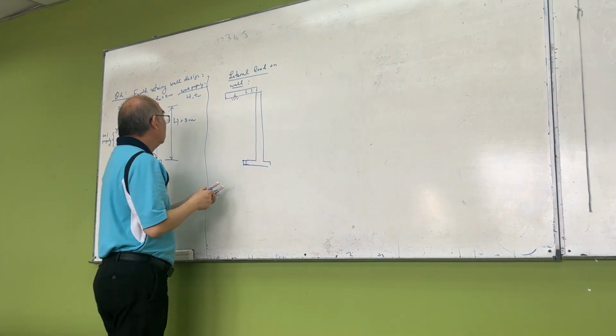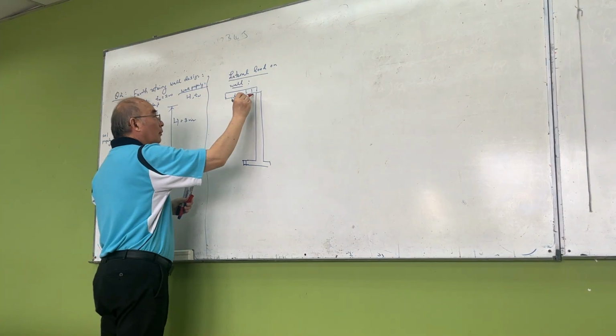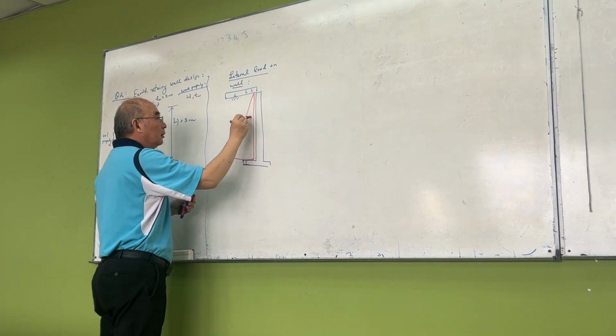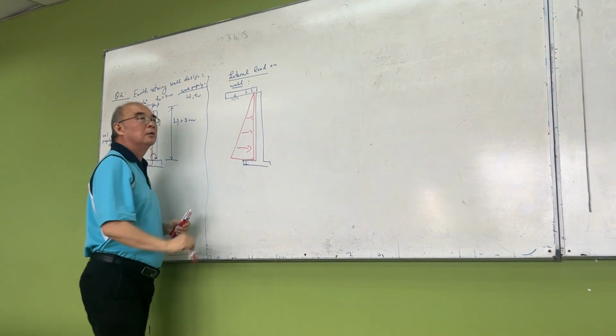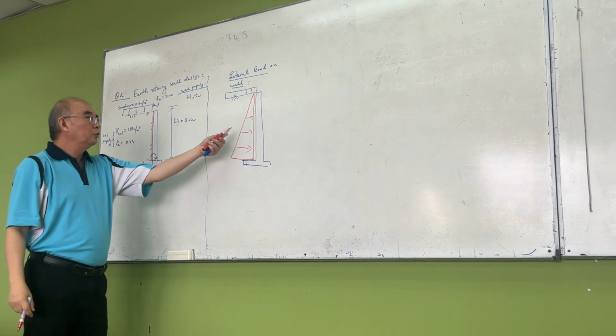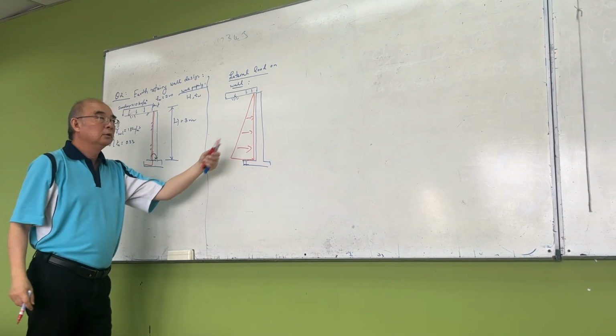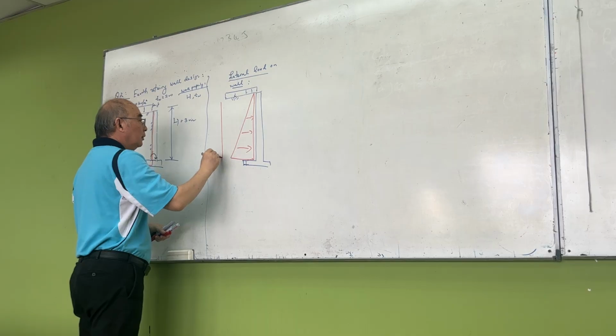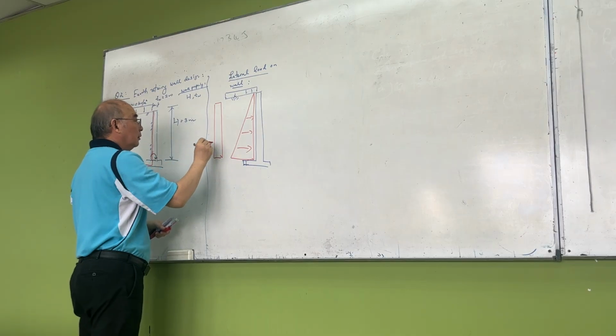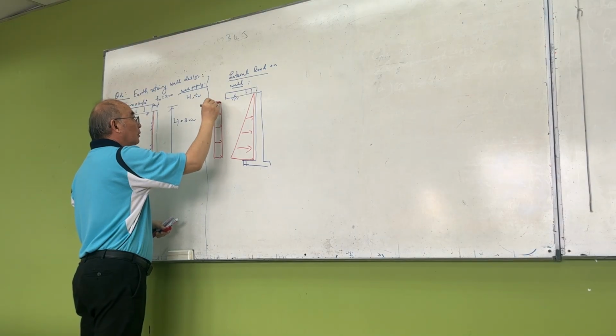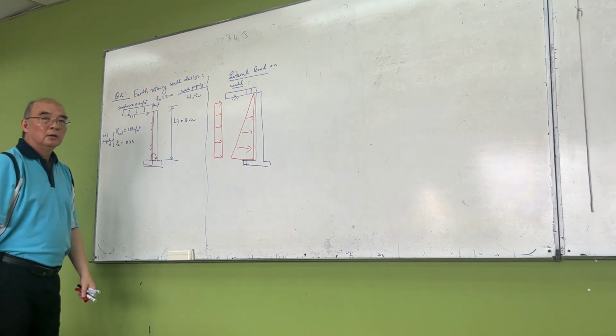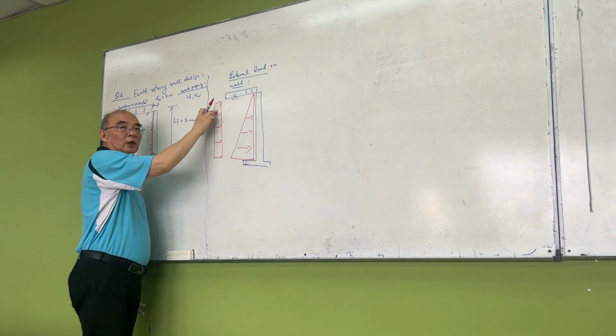So you would have a triangular loading due to the soil, and then you also have a lateral pressure due to the surcharge.